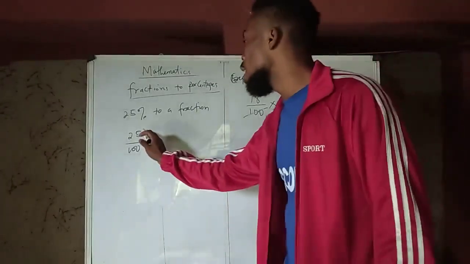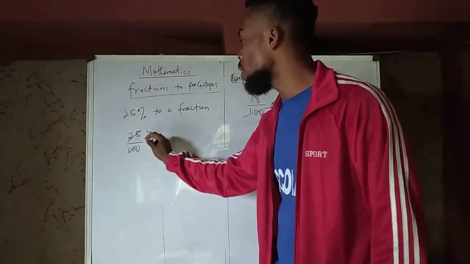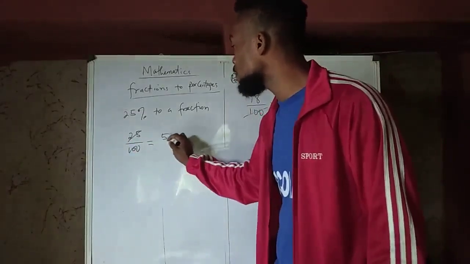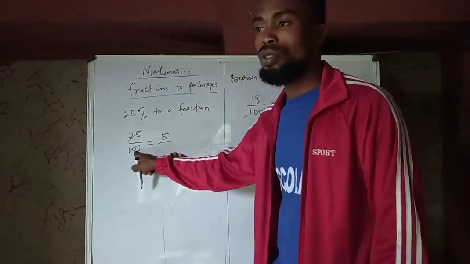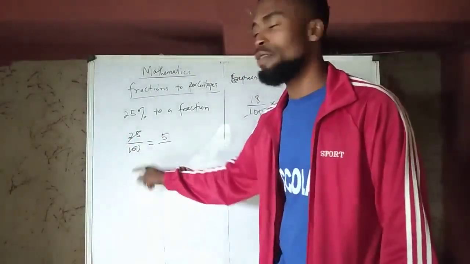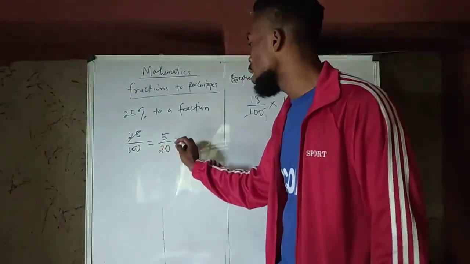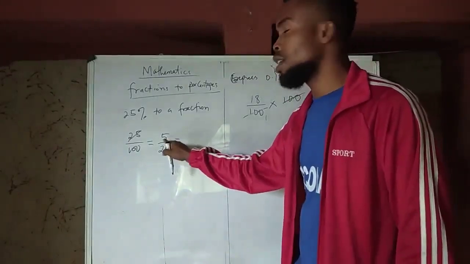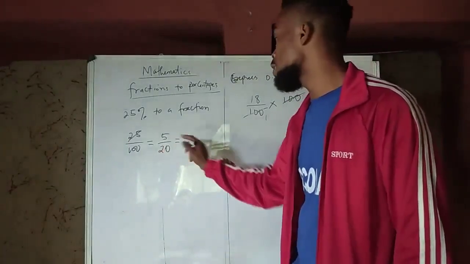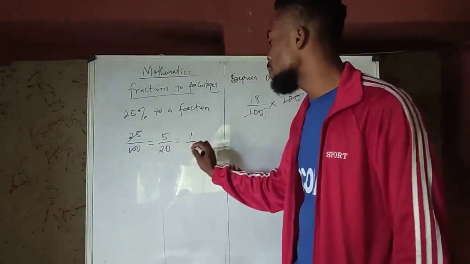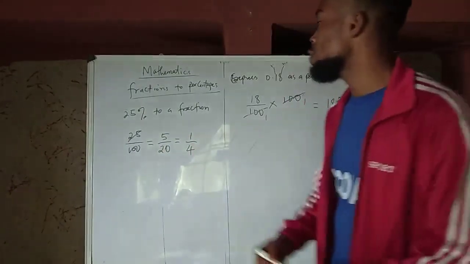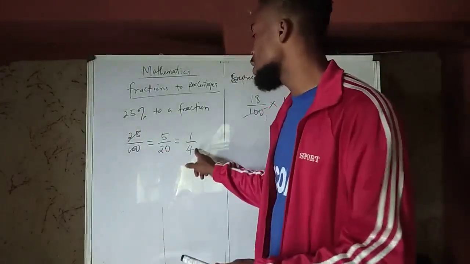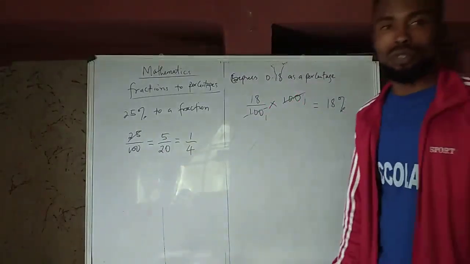So 5 can go into 25 and we get 5. 5 can go into 100 and we get 20. And 5 divided by 5 we get 1. 20 divided by 5 we get 4. So 25% is equivalent to 1 over 4.